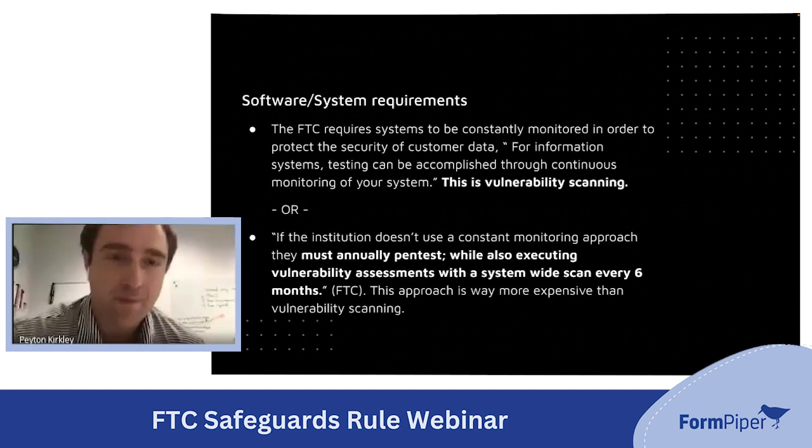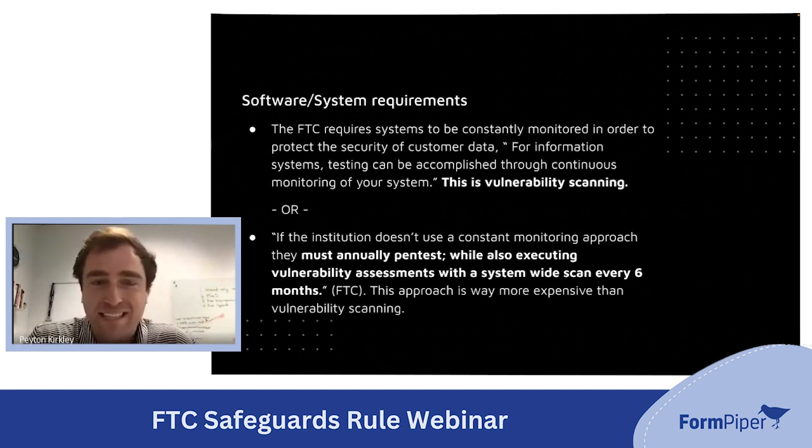Yeah, absolutely. And all they're really saying there, and what needs to get done, is having a vulnerability scanner that's doing constant scans. So if there's any new type of risk that comes out, you could share that with your IT resource or IT department to be able to patch that up and fix it right away.